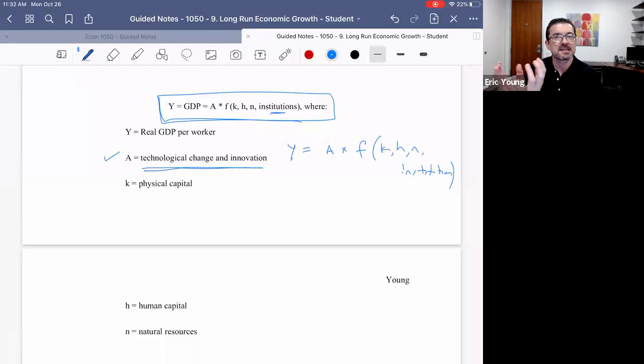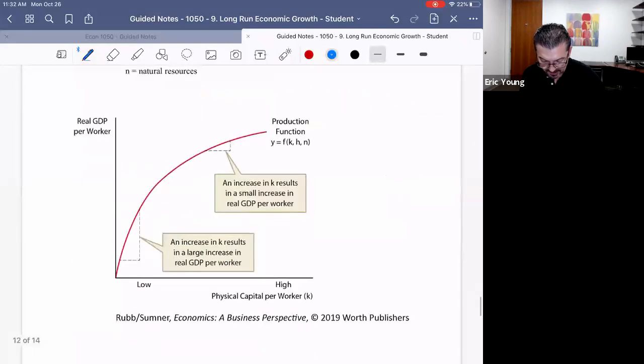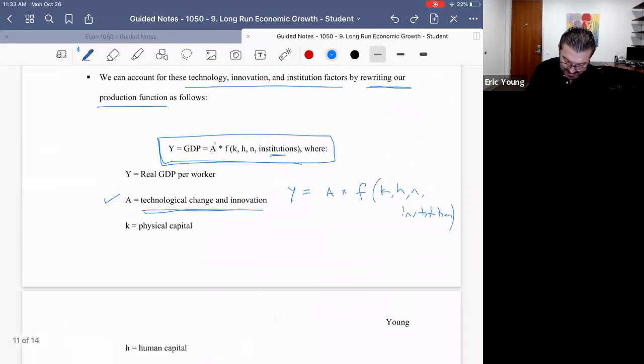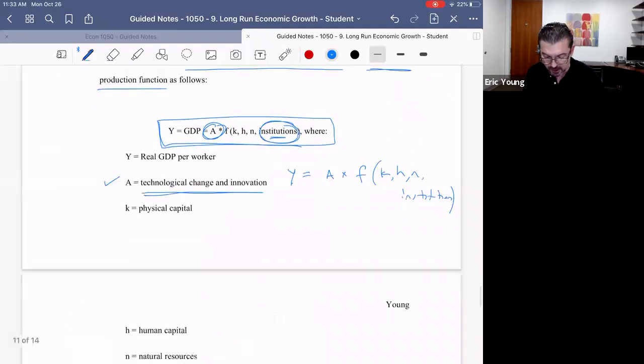So we took that existing production function, and now we're going to see, in terms of production function graphics, what technology and what institutions can do to it. And basically, here's what it does. Same idea, real GDP per worker here, capital per worker here, and regrettably, this flattening out production function, which shows diminishing returns. Here, my friends, is what the A, innovation and technology, and what the institutions, good, inclusive institutions, do.